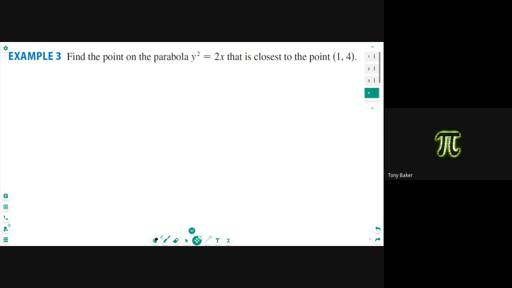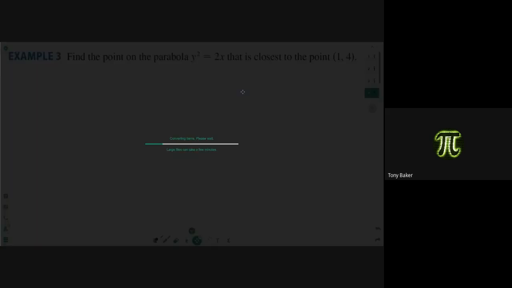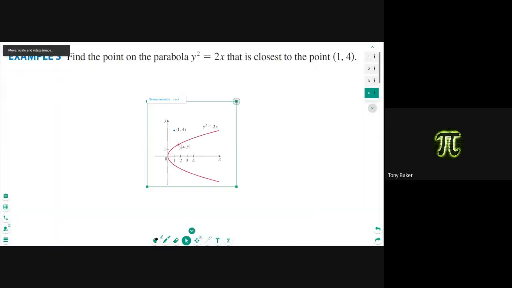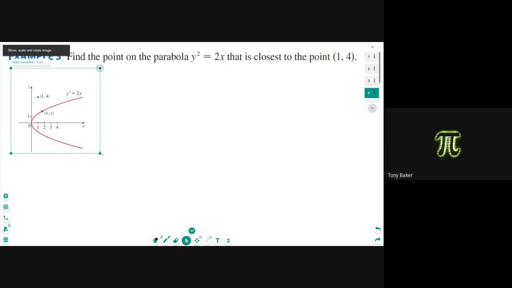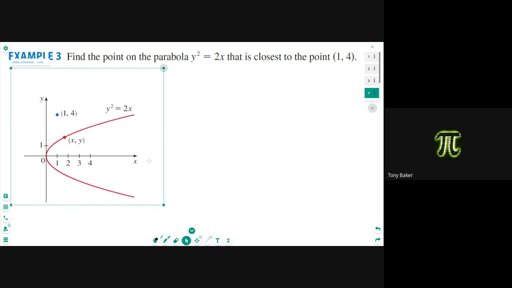All right, so what do we need to do for this one? Let me draw a picture, because I think it will help. This one's a little harder to visualize. So here's the arc, and there's (1, 4).